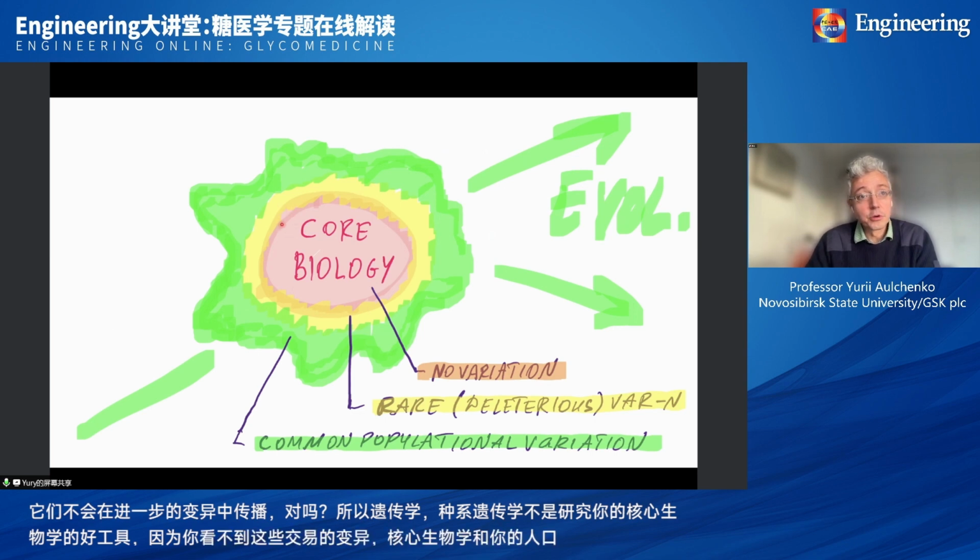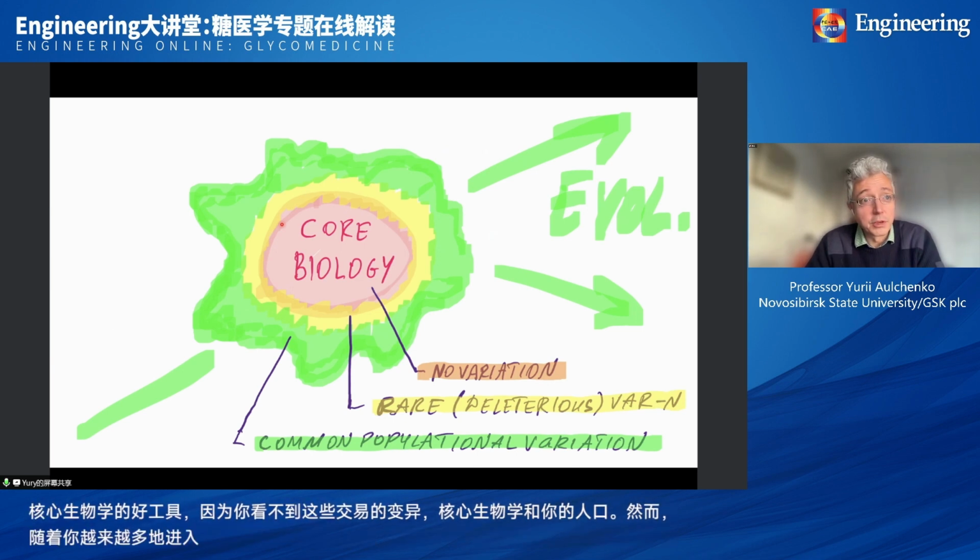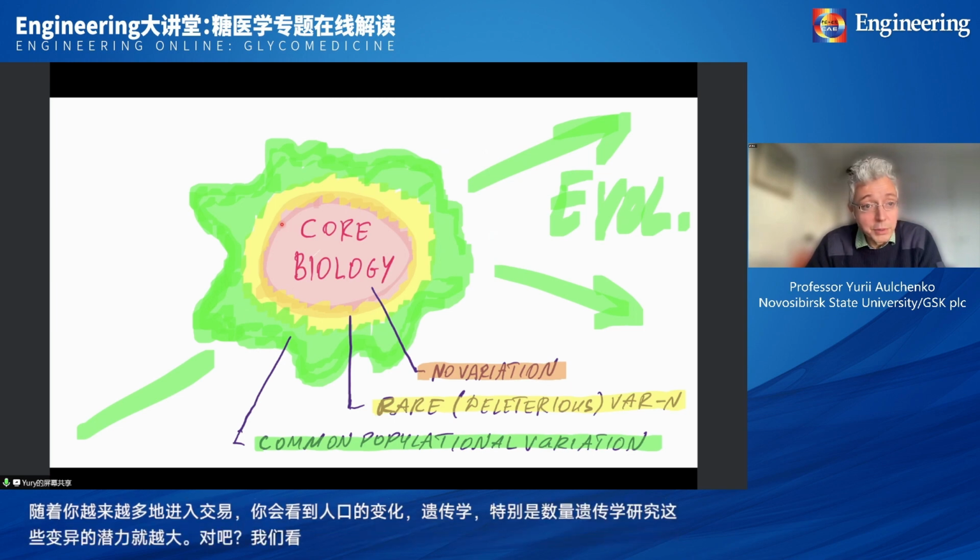However, as you go more and more to the traits where you see variation in the population, the greater is the potential of genetics, and specifically quantitative genetics, to study these variations, right? We see a lot of variation in things like height of people, levels of different metabolites in blood, propensity, susceptibility to different diseases, right? And all this is part of the variable biology.